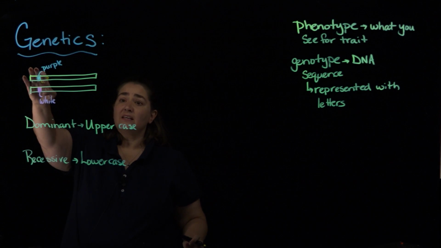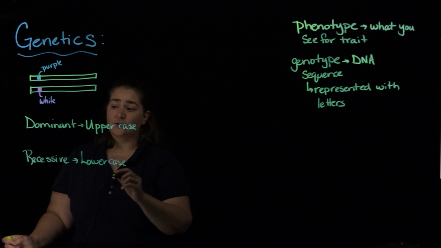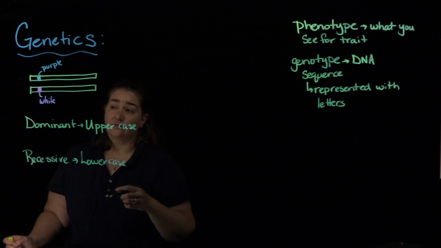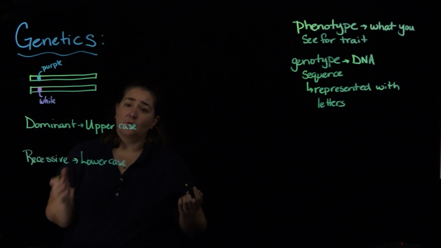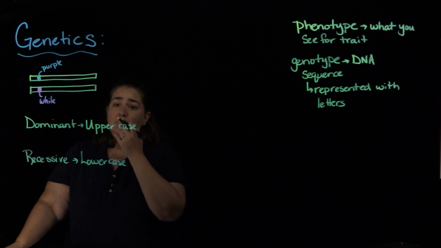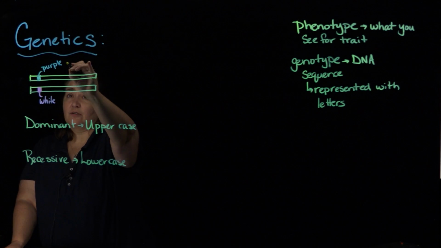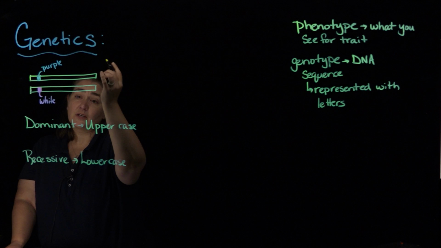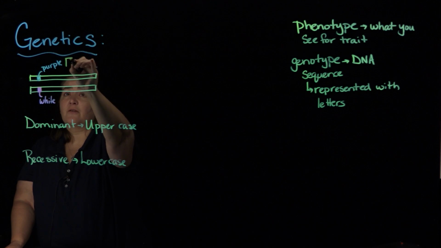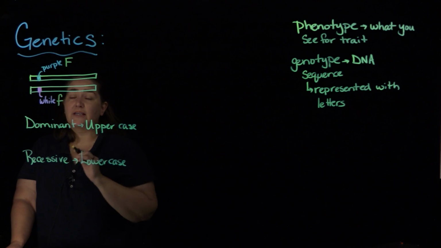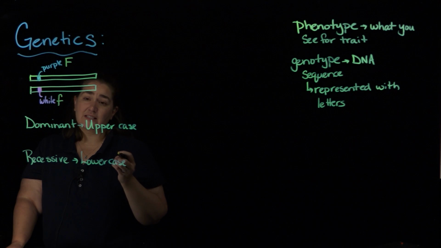P's are hard to distinguish whether you're putting a capital or a lowercase unless it's next to the other. White is kind of the same way. So you can pick any letter you want. In this case, we can use an F since we've got flowers. We can use a capital F and a lowercase f. Those are easy to distinguish.